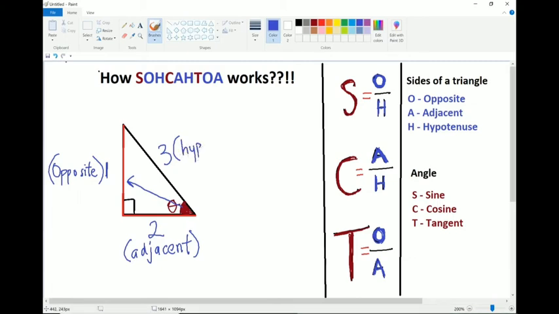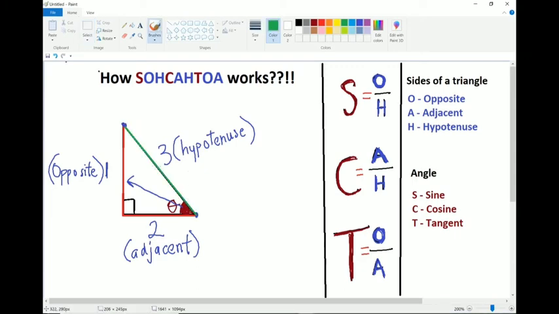Okay, so if you think about it, if the opposite and the adjacent live on the L, the only side remaining really is this side here, right?